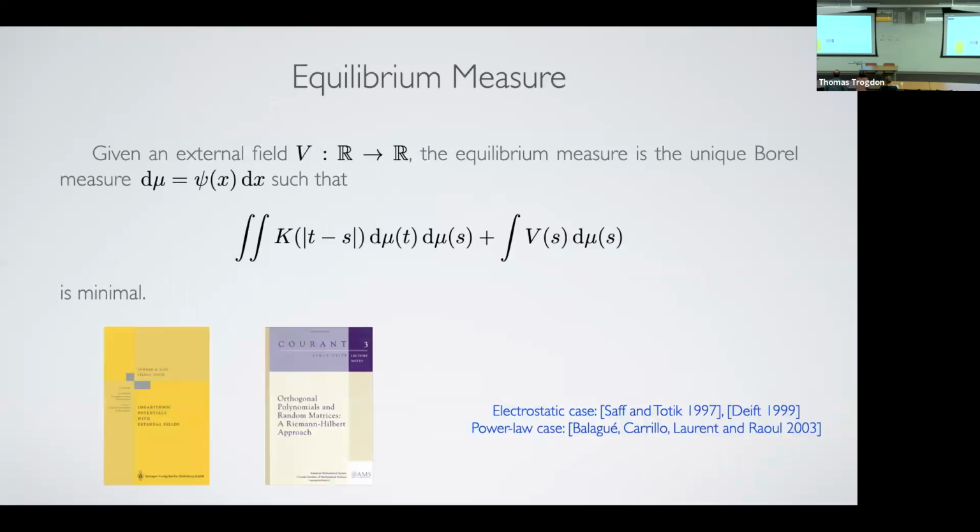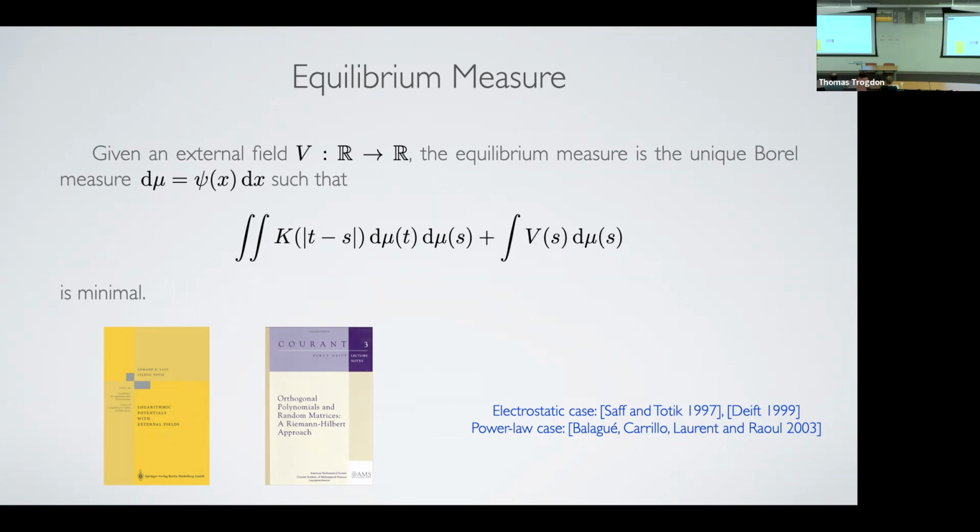So how are we going to tackle this problem from a numerical standpoint? We're going to use the formulation as an energy minimization problem. We want to find the measure mu that minimizes this energy. There are two great references, and I promise I've given this talk before. I didn't just put a picture of Percy's book because he's in the audience.